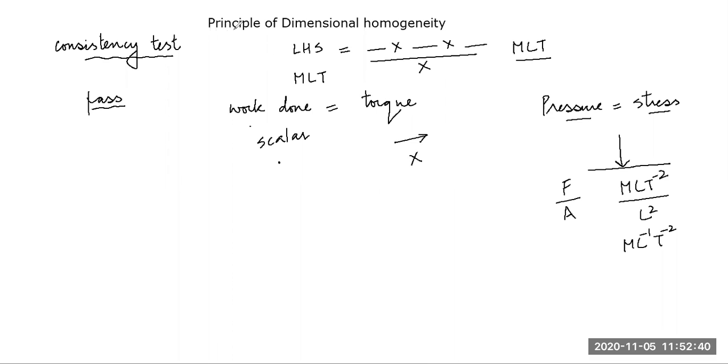But still, the principle of dimensional homogeneity helps. If we know that some given equation is there, and maybe one of the indices written is wrong, then the principle can really help us to correct that index. Or it can also help us to derive a formula, though not completely, but partially.